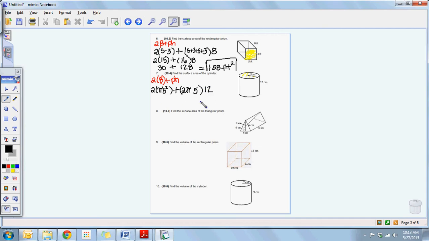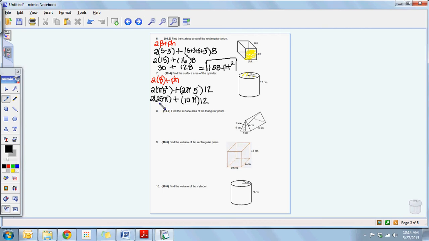So now I'm going to simplify where I can. So I'm going to have 2 times 5 squared is 25, so I'm going to write it as 25 pi plus, I'm going to do 2 times 5 and keep the pi at the end, so that would give me 10 pi times 12. So I still have a little bit more simplifying to do.